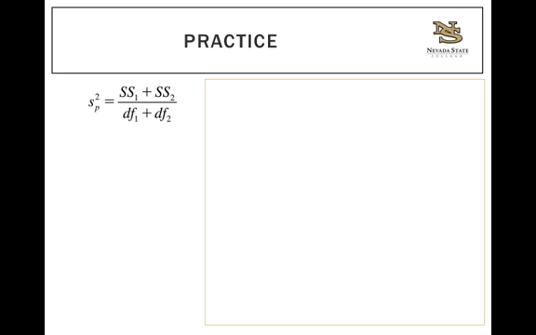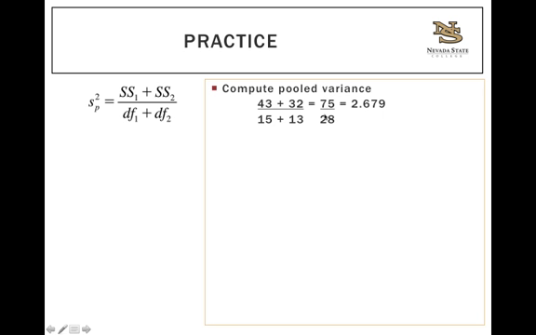Okay, so we have all these numbers. I gave you your sum of squares for group 1, I gave you your sum of squares for group 2, and of course we can calculate our degrees of freedom for both groups because it's simply n minus 1. So I went ahead and plopped those numbers in there.